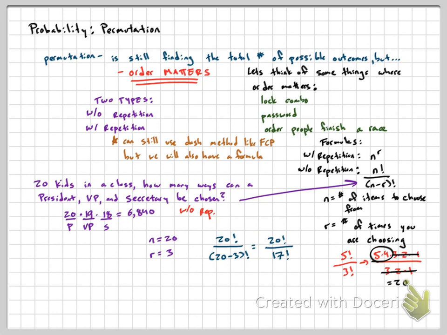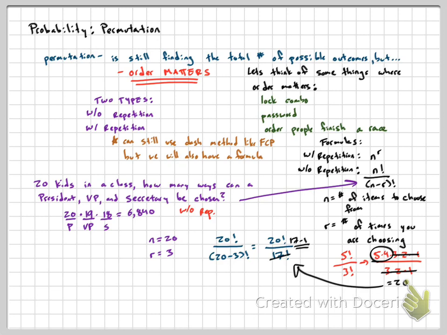Taking that concept over to here. Remember, 20 factorial is 20 all the way down to 1. 17 factorial is 17 all the way down to 1. So what we can do is get rid of the 17 to 1 in the numerator. And then that means the denominator goes away as well.